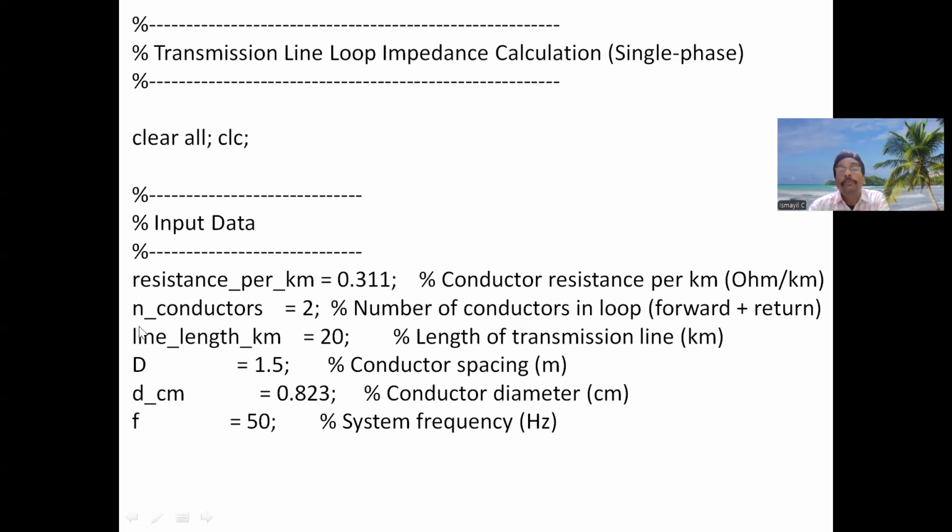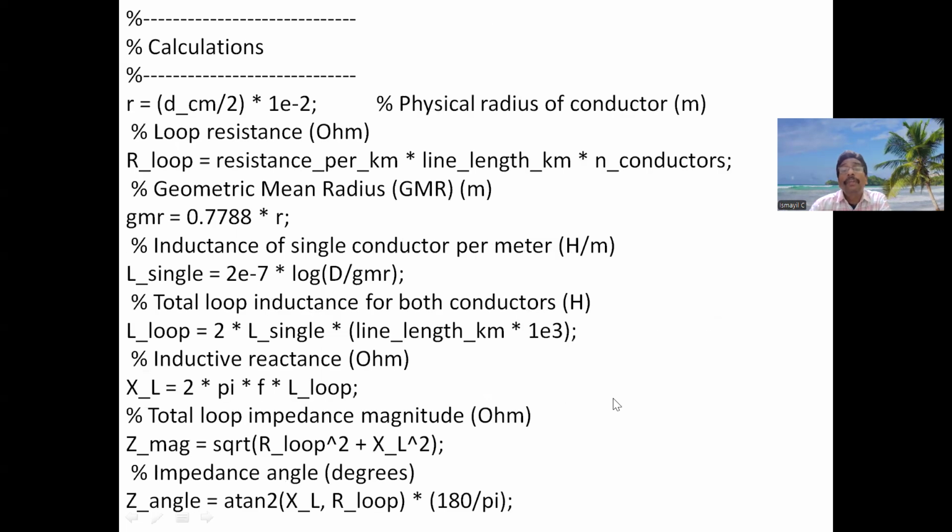Now moving to the calculation part. For the calculation part, we have to find the radius from the diameter of the conductor. For that, we first divide it by 2.